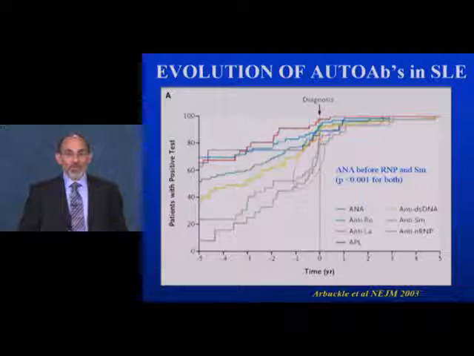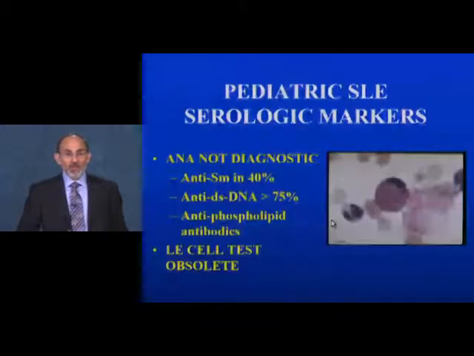So the early blood tests were compared to the late blood tests, and what this shows is that there's a gradual accrual of pathogenic autoantibodies. So the first autoantibody may be an anti-Rho antibody, but over time we'll get this whole panel of different autoantibodies, the anti-Smith and the anti-double-stranded DNA, most typical of lupus. So in other words, lupus evolves, and it may be mild initially, may be explosive, but over time it's likely to get worse if we don't treat it.